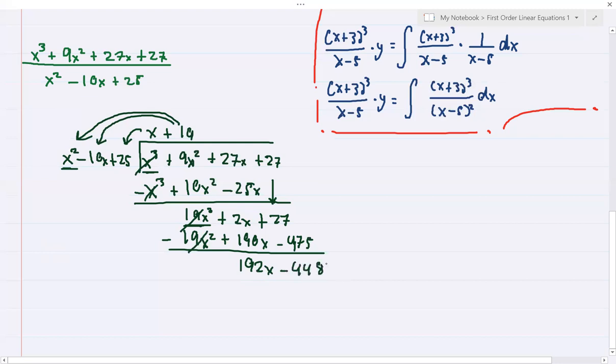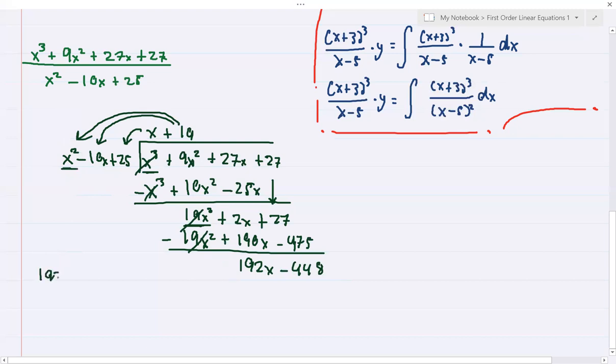And lastly, 27 minus 475, we will have negative 448. And as you can see, we will stop right here because this is no longer factorable by x squared. How will you know if it's not factorable?